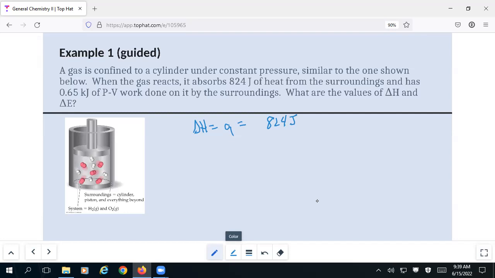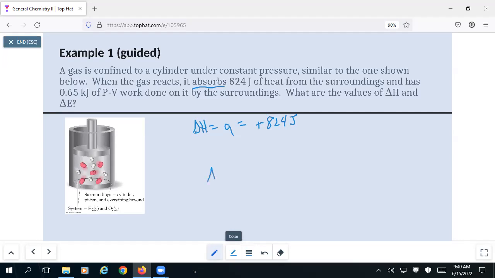We have to think about which direction this heat energy is going. We're told it's going into the system. The system is absorbing it. So therefore, it is positive 824 joules.